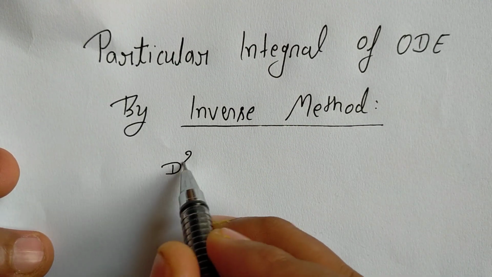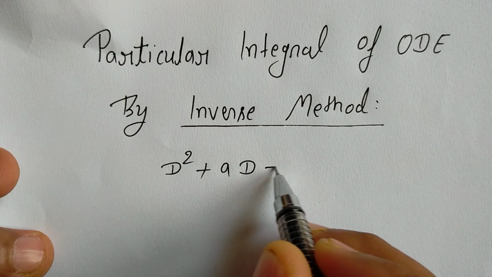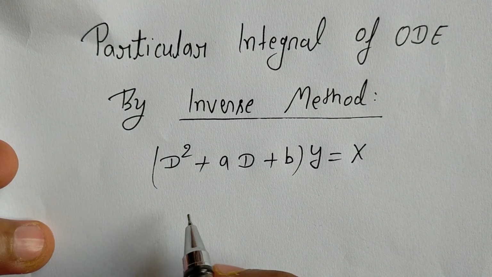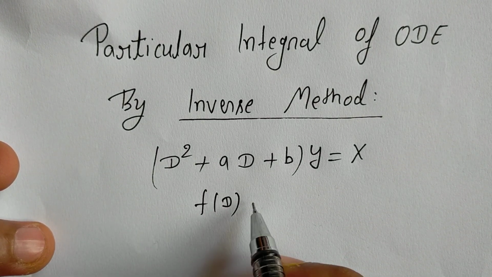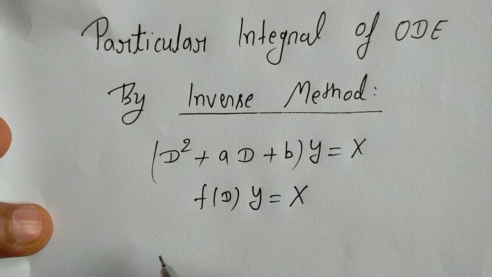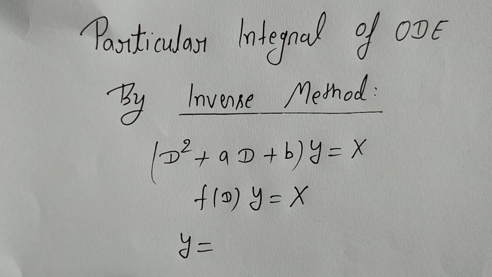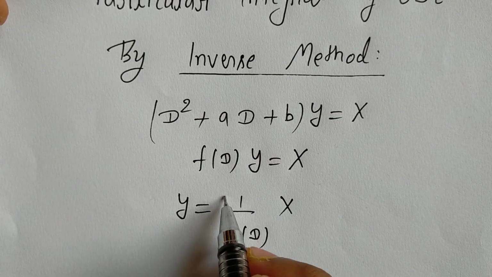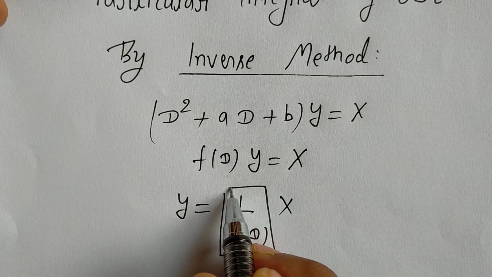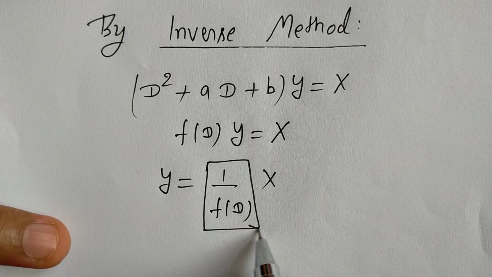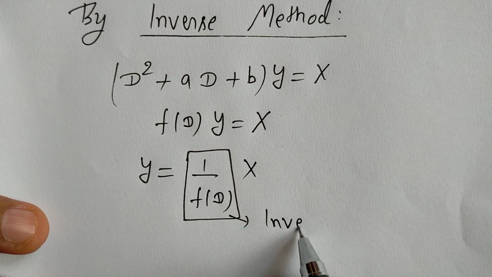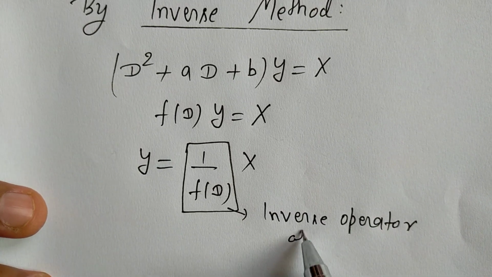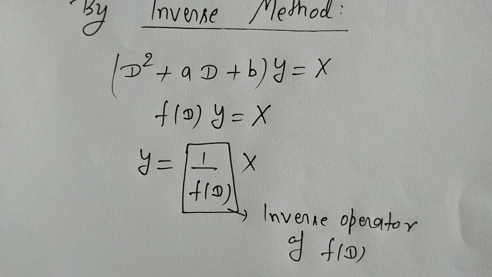Let we have a second order differential equation (D square plus aD plus b) y equal to X. So this we can write as f of D y equal to X. Then we can write y equal to 1 upon f(D) X. So this 1 by f(D) is called the inverse operator of f(D).